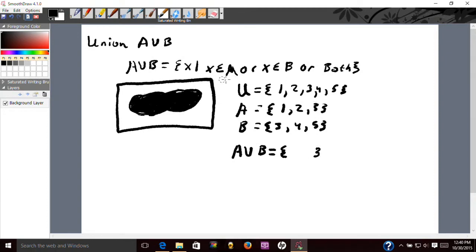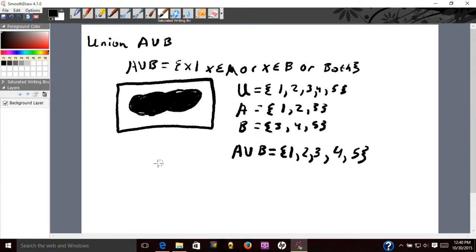Now, I also have elements of A. So I'm going to write 1 and 2. And it also contains elements of B: 3, 4, and 5. Well, I already had 3 included. Now I need to add my 4, and I need to add my 5.